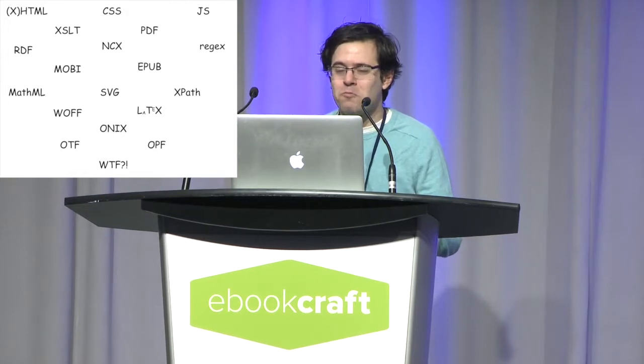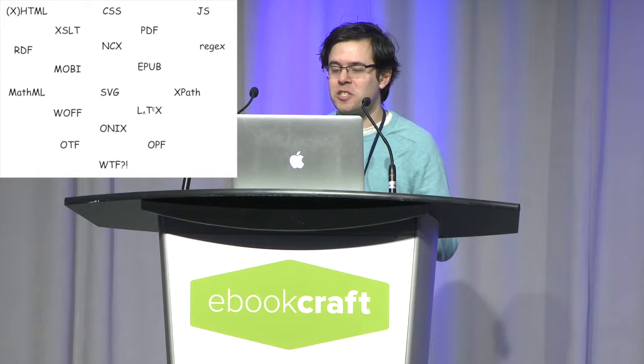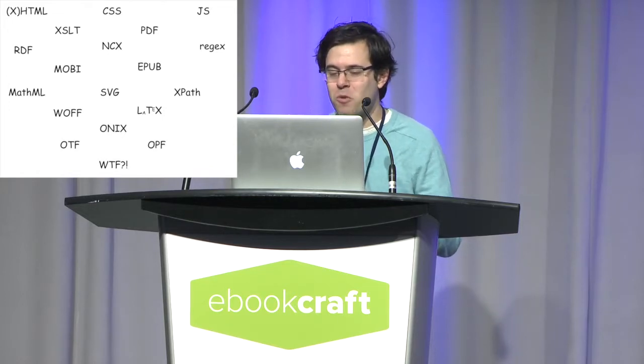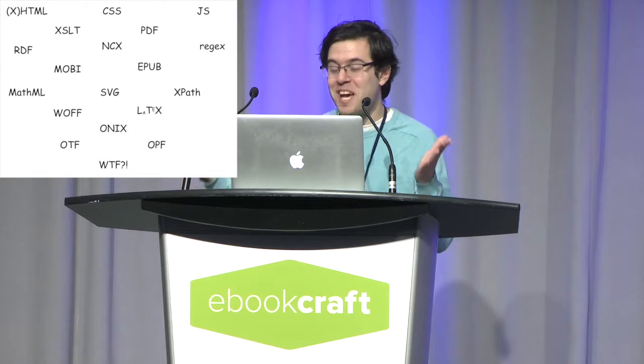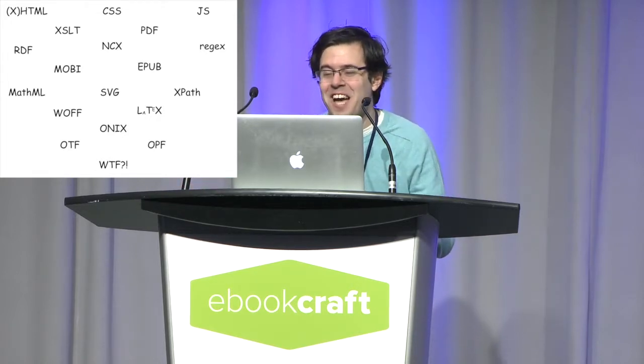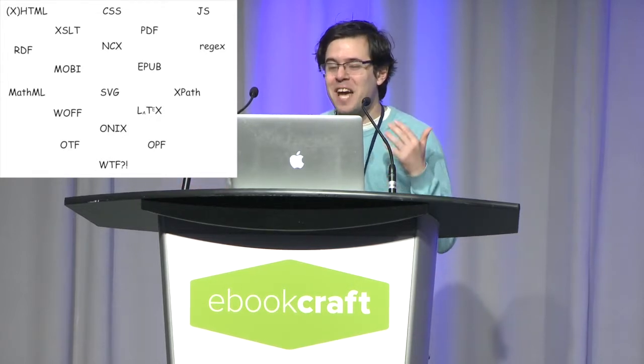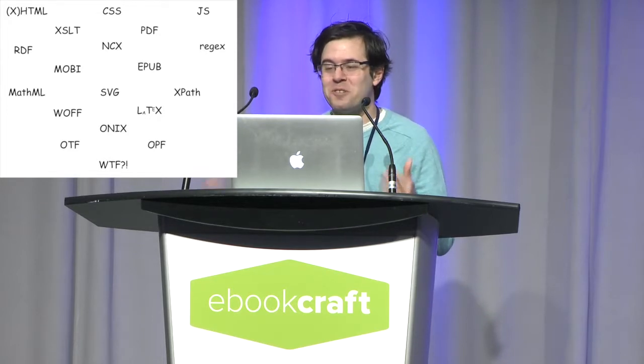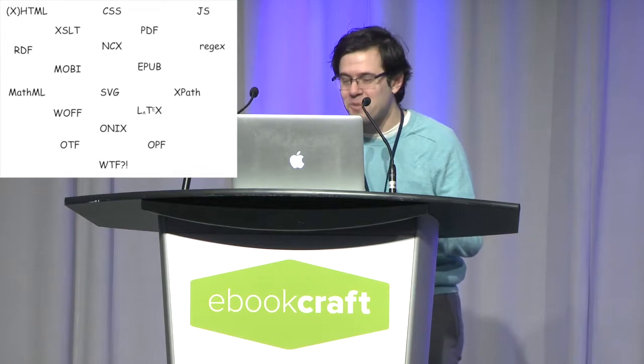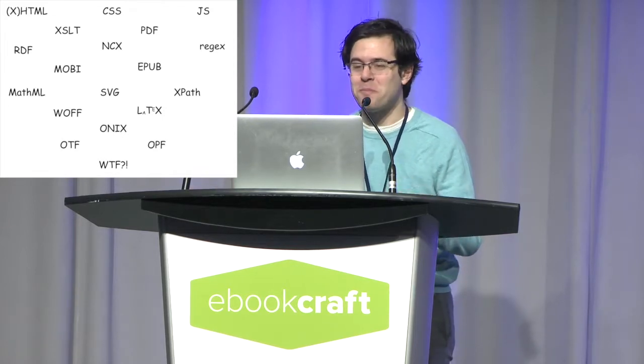Regex, Mobi, EPUB, MathML, SVG. I'm going to be talking about some of these things today. XPath, WAF, LaTeX, Onyx, OTF, OPF, WTF. As I was putting together this slide, I realized everything is an acronym, and I don't even necessarily remember what every letter in every one of these things stands for. I think we need to get away from acronyms a little bit.